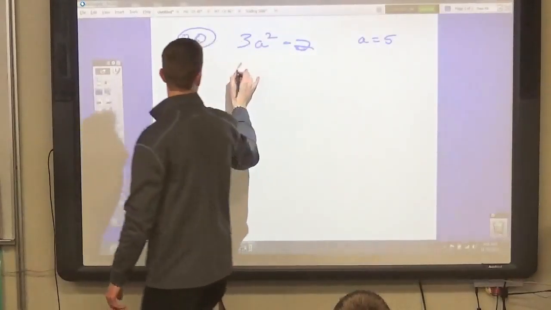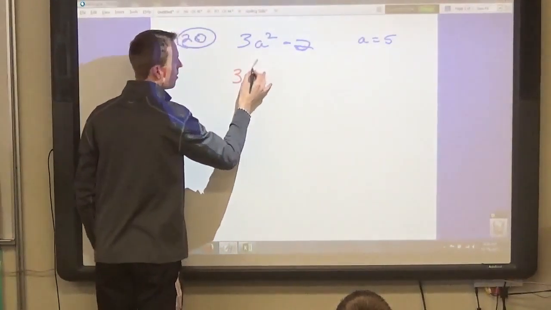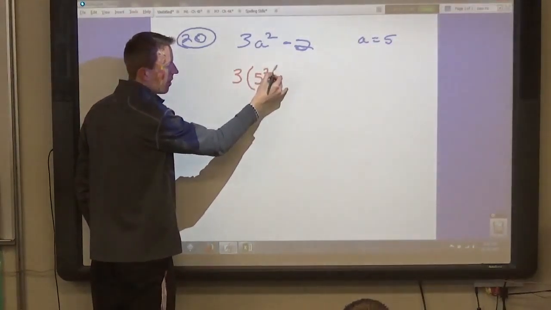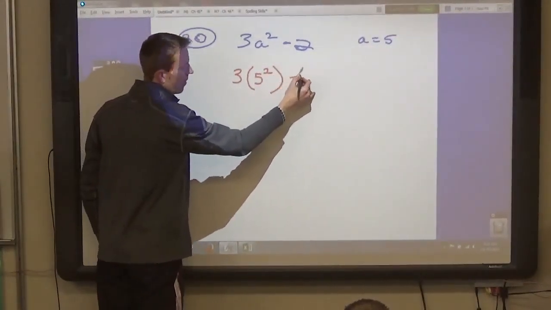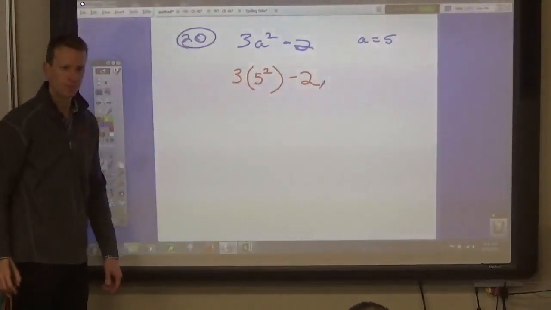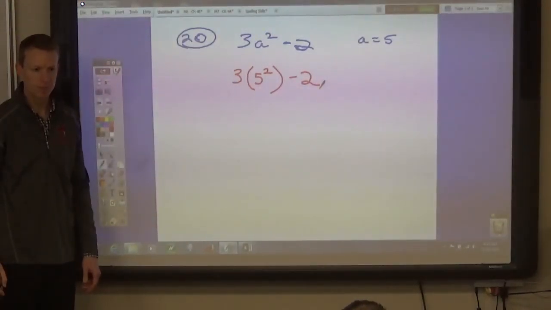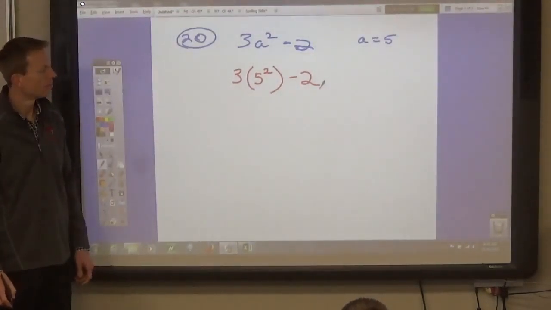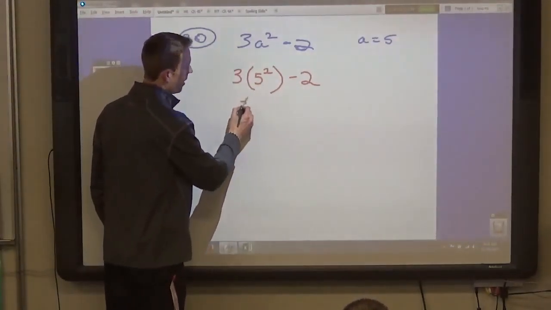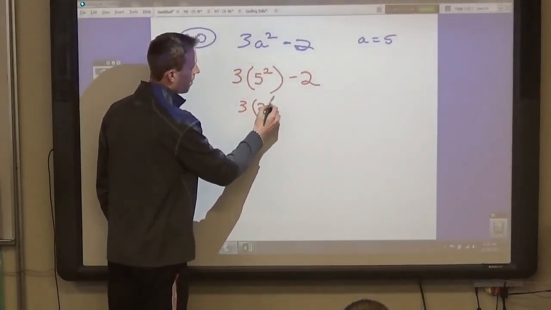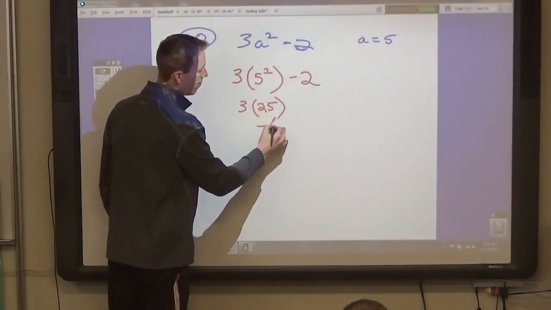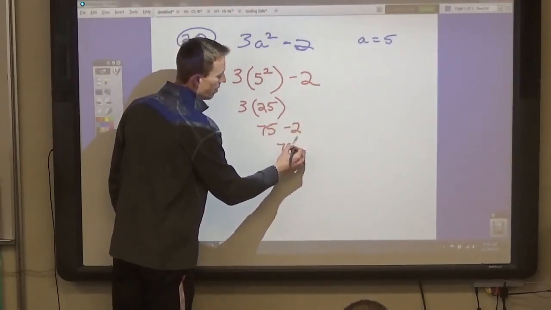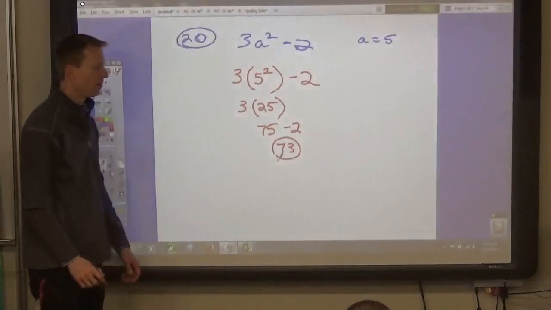We have to put in the 3 and then the 5 and square it and then do minus 2, right? 73. 3 times 25 is 75. Minus 2 is 73. Okay?